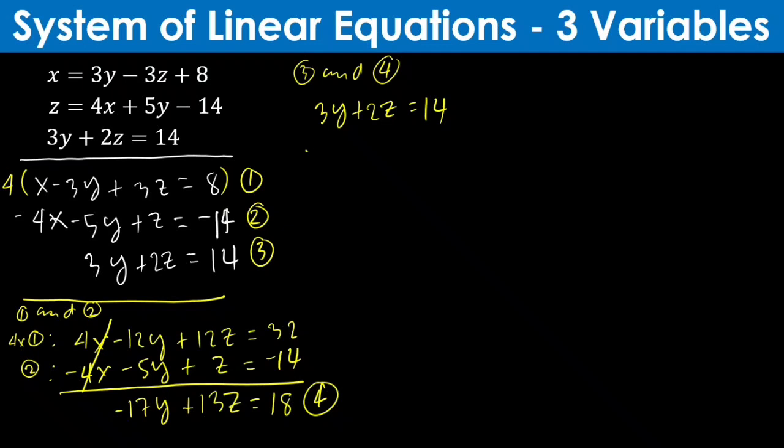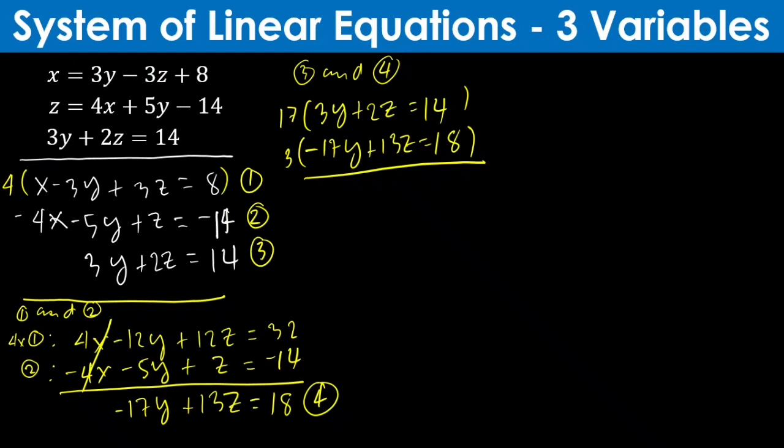Equation 4 is negative 17y plus 13z equals 18. We can eliminate one of the variables here. Let's select the y. Okay, so multiply this by 17. This one multiply by 3.